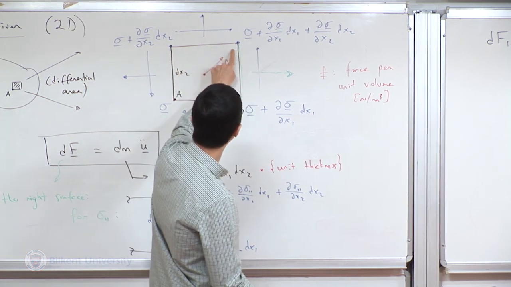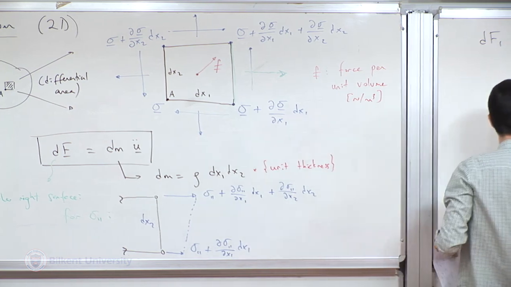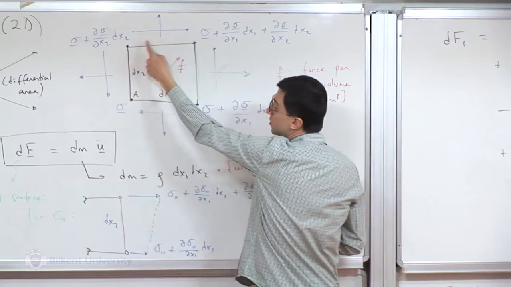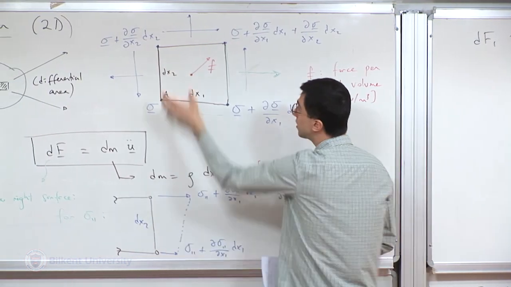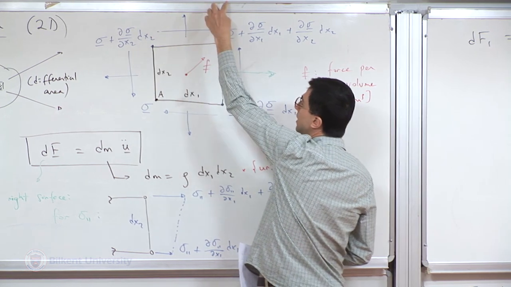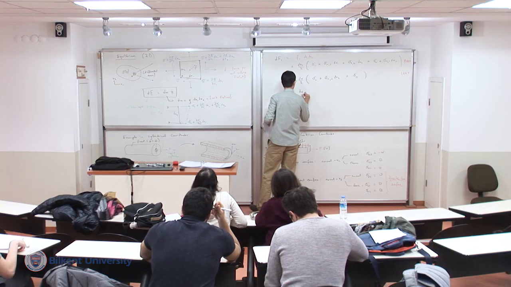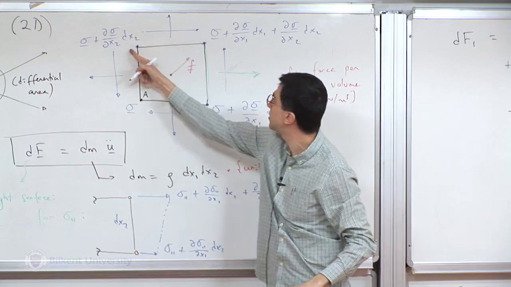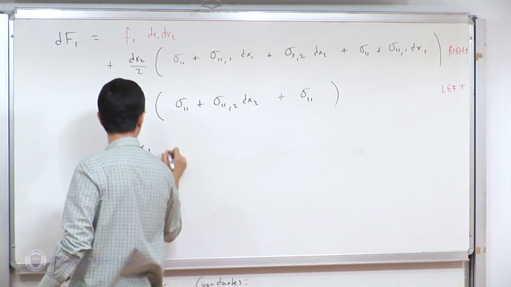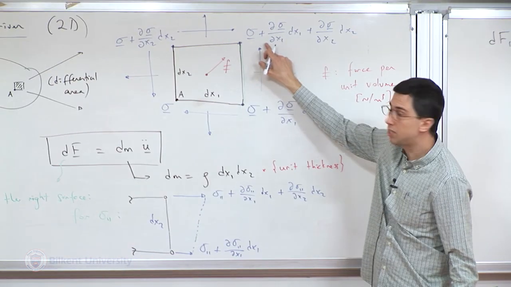Sigma 2,1. So it's going to be plus the area under, so there's going to be a distribution like this, but flipped over, increasing like that, let's say. The edge length is dx1. And I'm going to sum the value here plus that divided by 2, dx1 over 2. I'm looking at sigma 2,1. So let's write the right one.